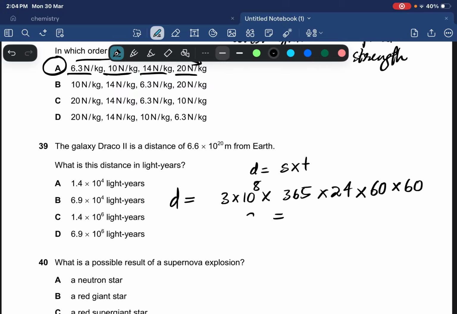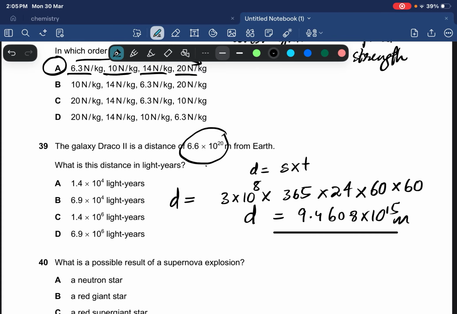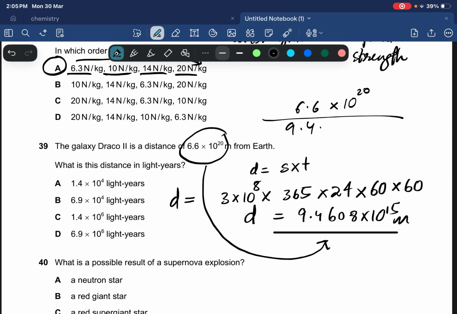And after that, how much distance is 1 light year? So this is the distance of 1 light year. Light travels this much distance in 1 light year. So this much distance divided by the distance of 1 light year is going to give me how many light years. So 6.6 times 10 raised to power 20 meters divided by the distance of 1 light year, which is 9.4608 times 10 raised to power 15.